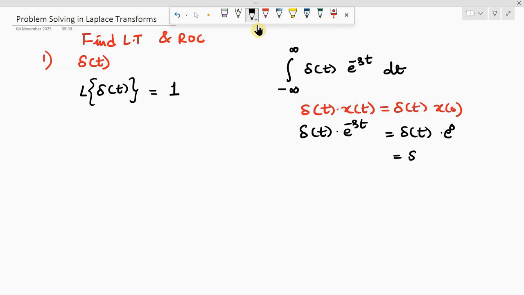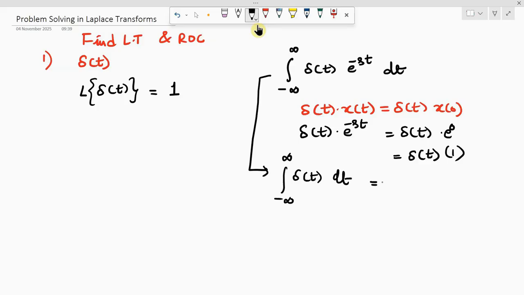So this is rewritten as the integral of delta of t into 1, which is 1, representing the area under the impulse. Therefore, the Laplace transform of impulse is 1, and since this Laplace transform is a constant and not depending on s, the ROC is the entire s-plane.